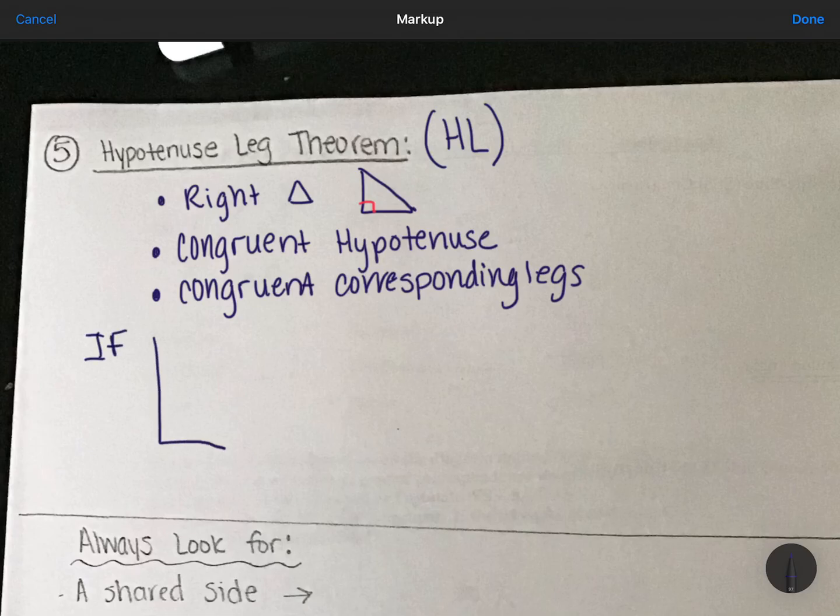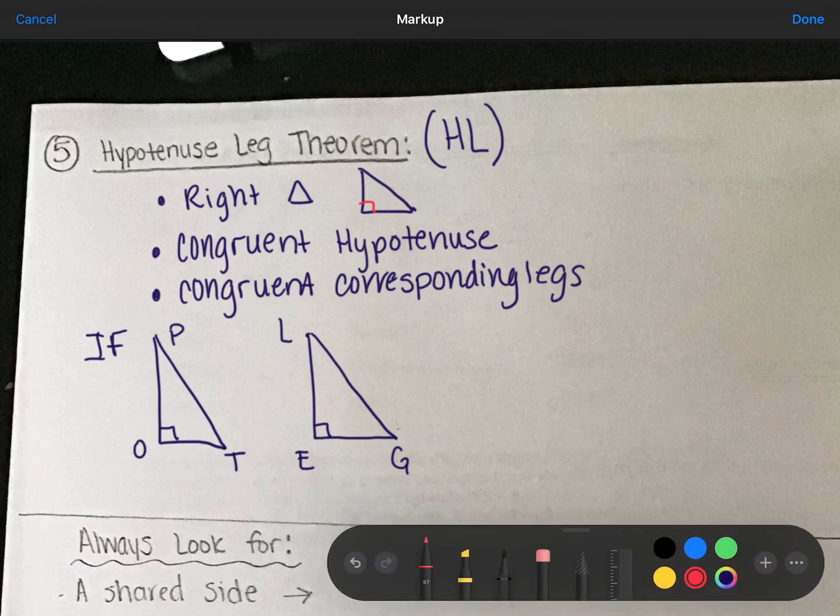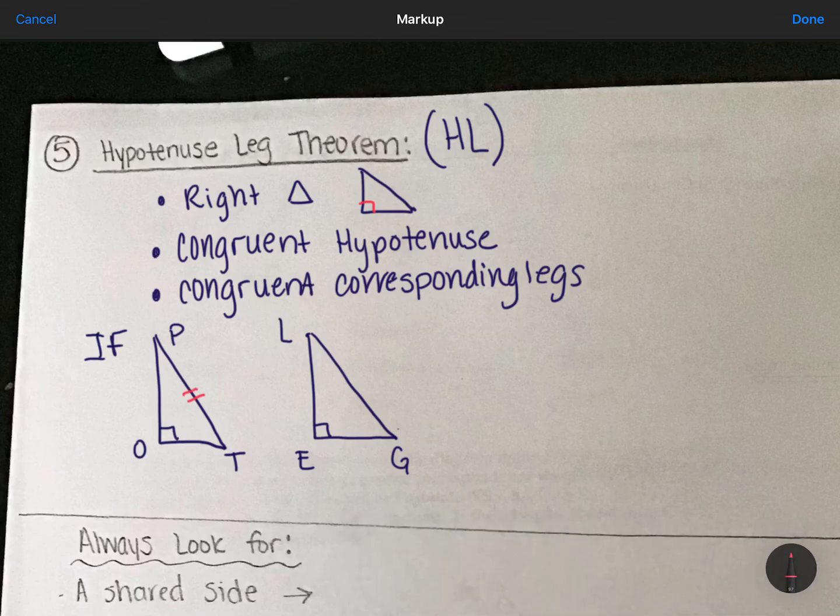I shall show you. So I have a right triangle we can call POT. And I have another right triangle we can call LEG. All right, so I've got 2 right triangles, and I'm going to say that the hypotenuse PT and the hypotenuse LG are congruent, and corresponding legs OT and EG are congruent.